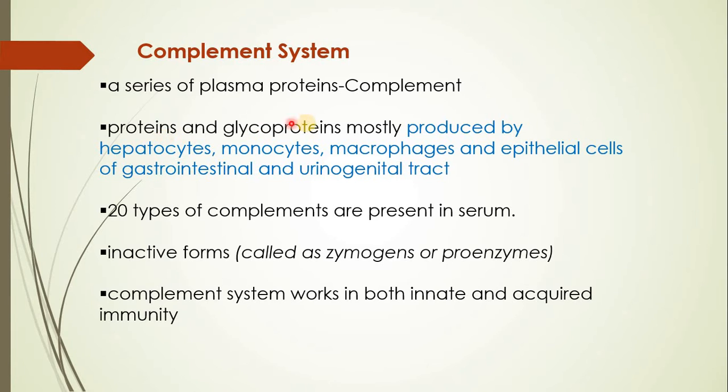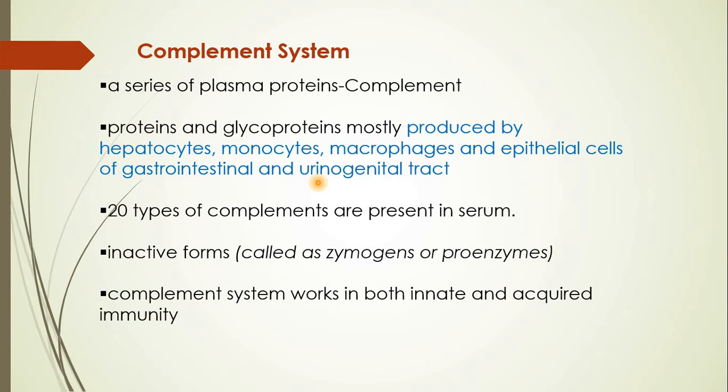Mostly, these proteins or glycoproteins are produced by a large number of hepatocytes, that is the liver cells, or monocytes in the blood, whereas macrophages in the tissue or epithelial cells in the gastrointestinal or urogenital tract.